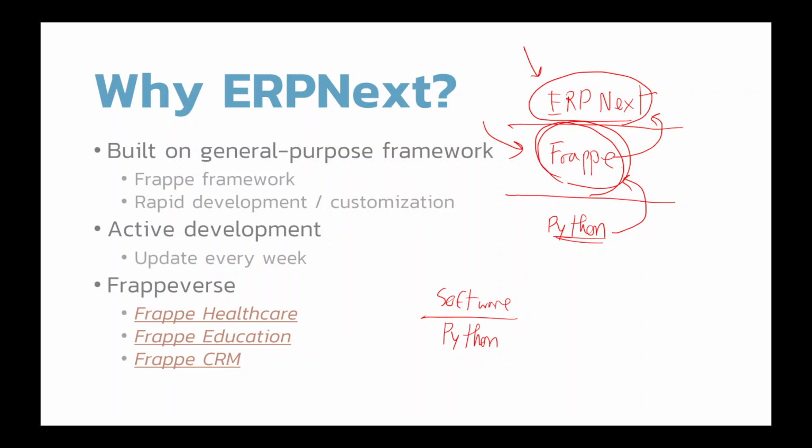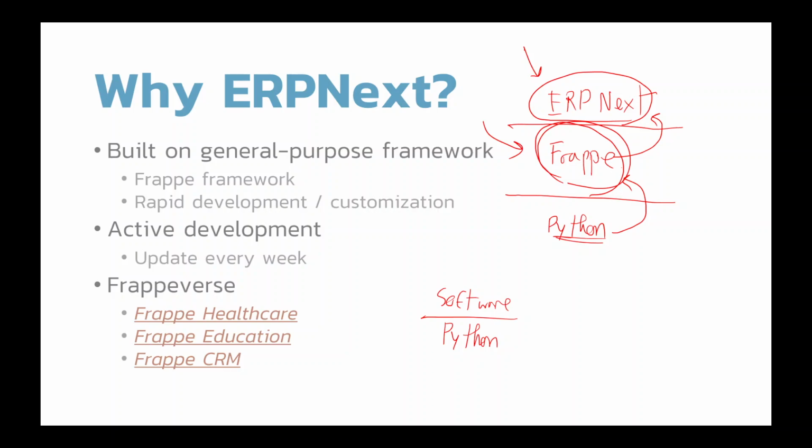If you open like a clinic or like a small hospital, you can also use this software for free to manage hospital or healthcare service. Or if you open like a school, a small school, not university, like a tutoring school, you can also use Frappe application to manage your entire education organization.